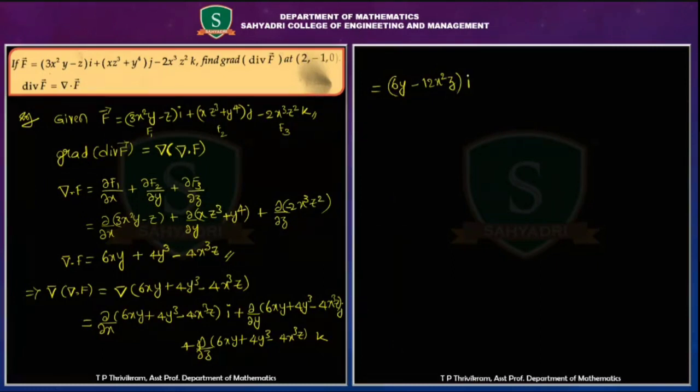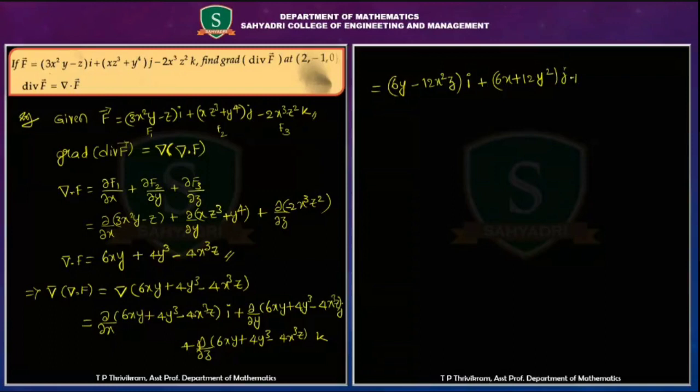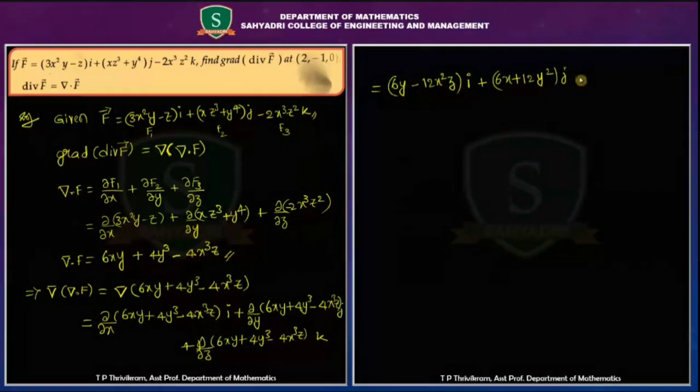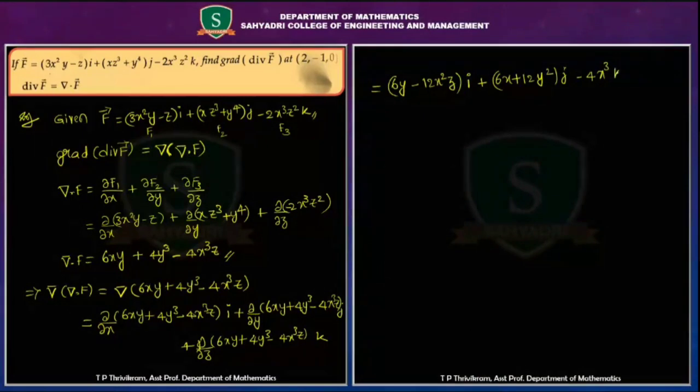Yes, i next, plus 6x plus 12y square, into j, yes, plus minus 4x cube into k. Yes, good.